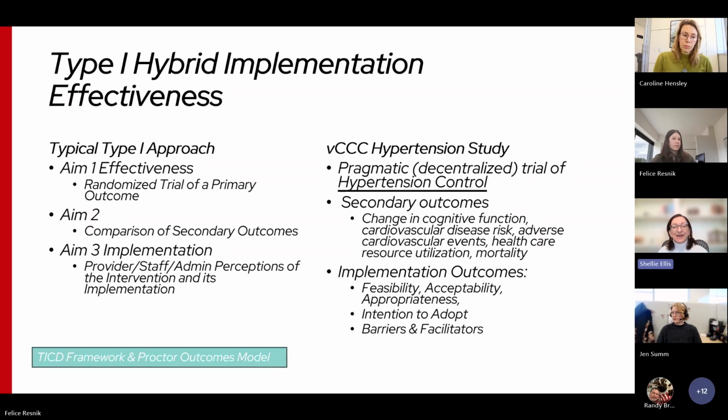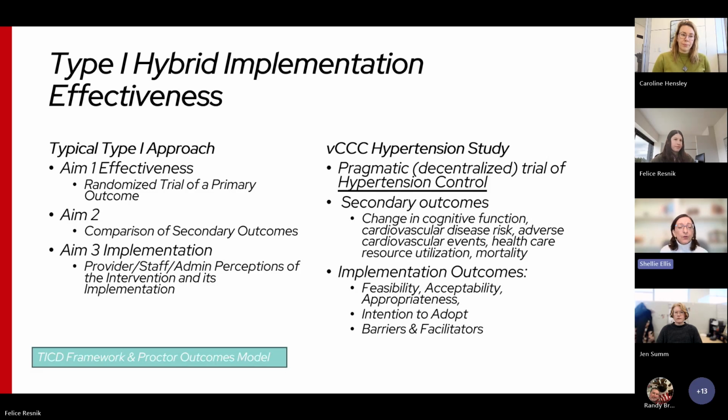We also included healthcare administrators, the decision makers who would be thinking about whether they're going to continue or choose this kind of intervention again. And so we asked about intention to adopt this bundle of care approach. Then throughout the study, we took a more qualitative approach to understand the barriers and facilitators that the providers or administrators were experiencing as we tried this approach.